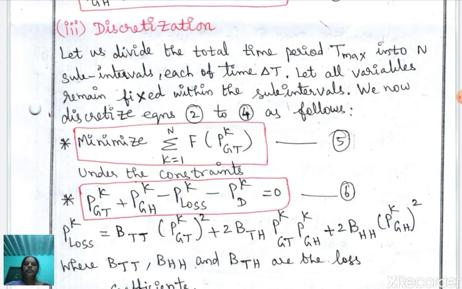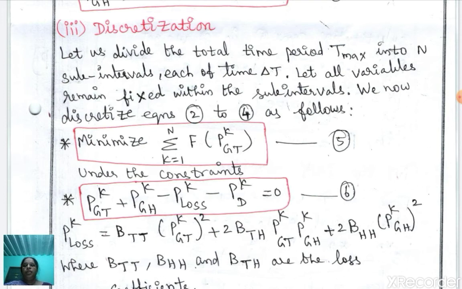Minimize the summation of k equal to 1 to n of F of Pgt power k, under the constraint Pgt power k plus Pgh power k minus P loss power k minus Pd power k equal to 0.